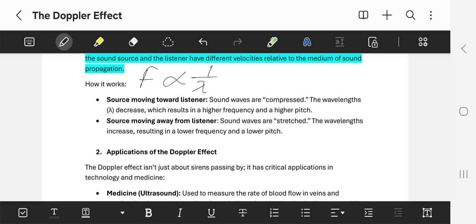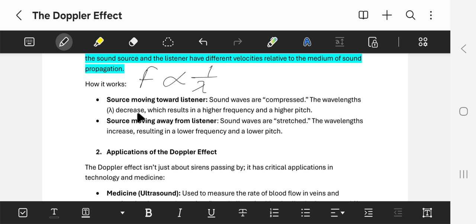And why is it that the listener will hear a loud sound? It's because the source will be having compressed sound waves, and those compressed sound waves will mean that the wavelengths thereof are actually short.